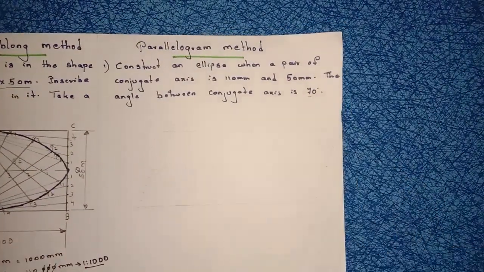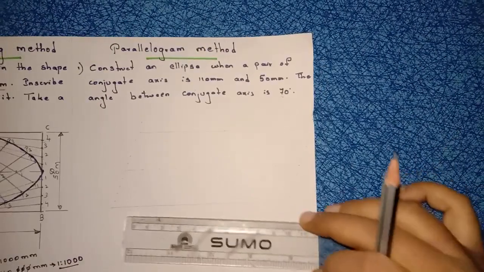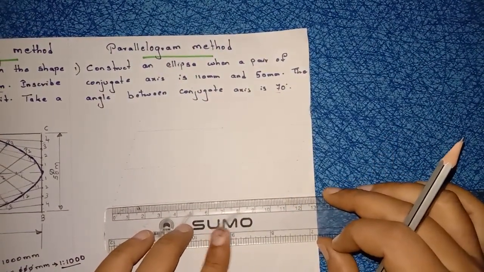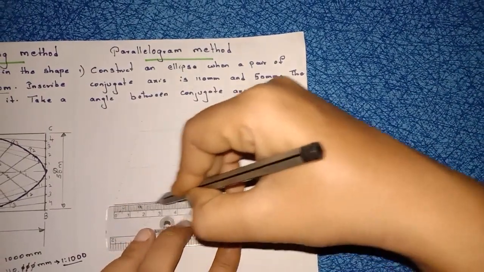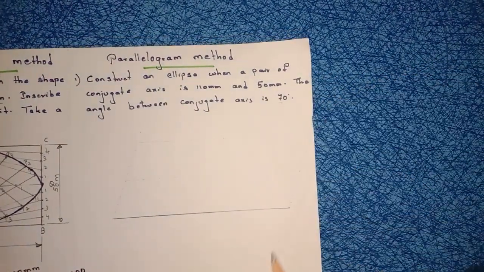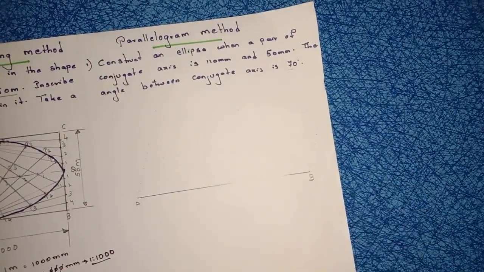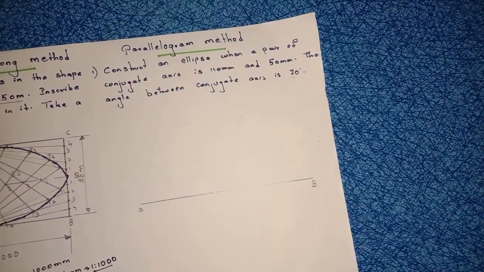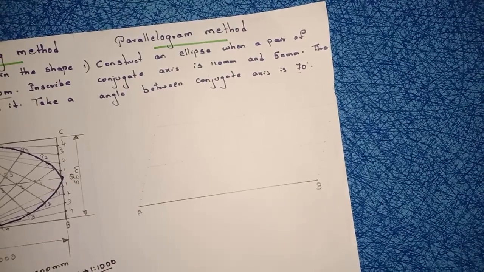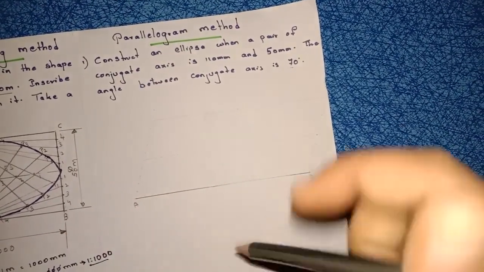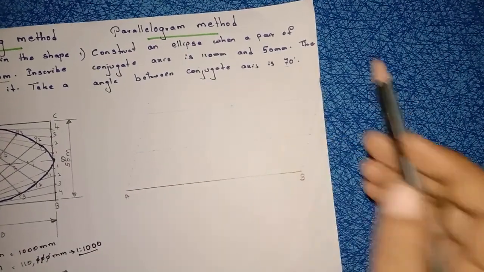Let us start doing this problem. 110 mm, no? So first draw a 110 mm line, right? Name it as A and B. Angle is how much here? 70 degrees, right? So in the rectangle method we took 90 degrees there, but in the parallelogram method they mentioned 70 degrees here.